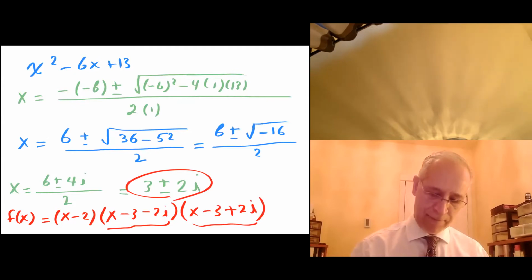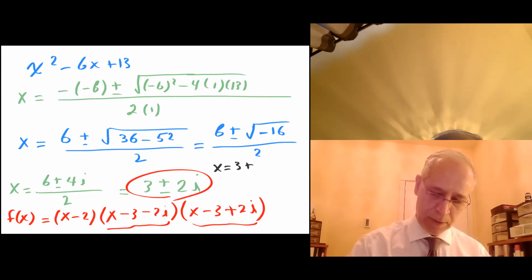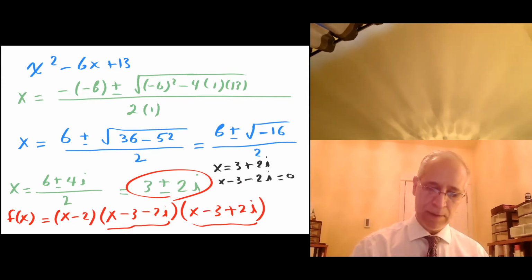Once I have x equals 3 plus 2i, that's the same as x minus 3 minus 2i equals 0. So that's this one.